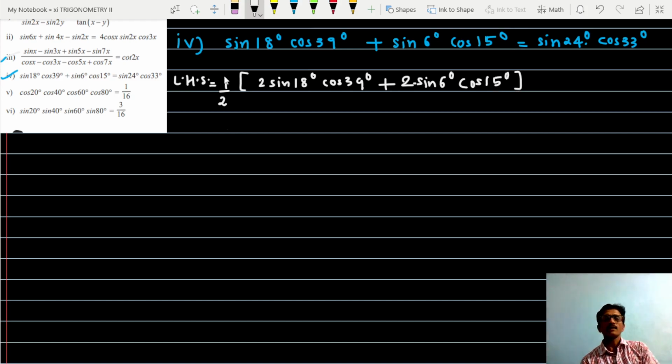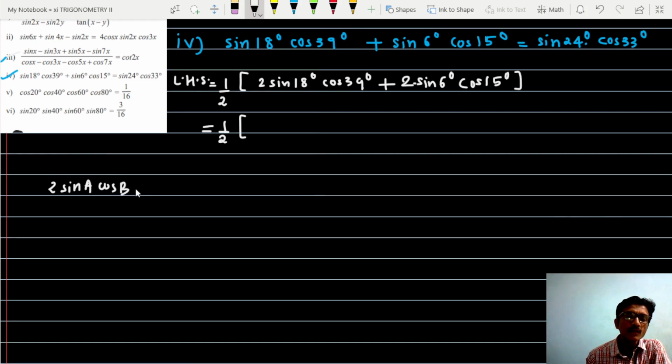So what we did here, multiplied and divided by 2, so that we can apply the formula for product of trigonometric functions into sum or difference of the trigonometric functions. We apply the formula here, 2 sin a cos b is equal to sin of a plus b plus sin of a minus b.